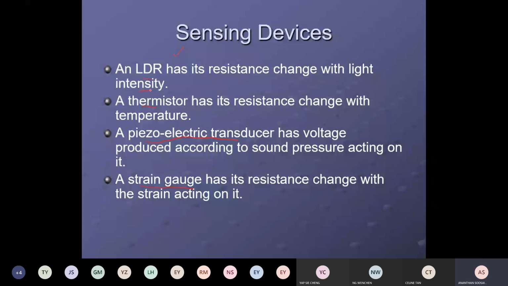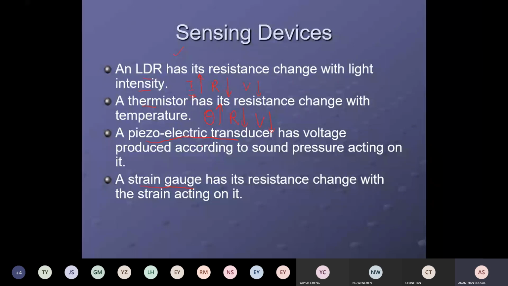When intensity of light rises, the resistance of the LDR decreases, and the voltage across the LDR will decrease. So this sensor senses light intensity. The thermistor senses temperature, and when the temperature rises, the resistance of the thermistor drops, so the voltage drops.